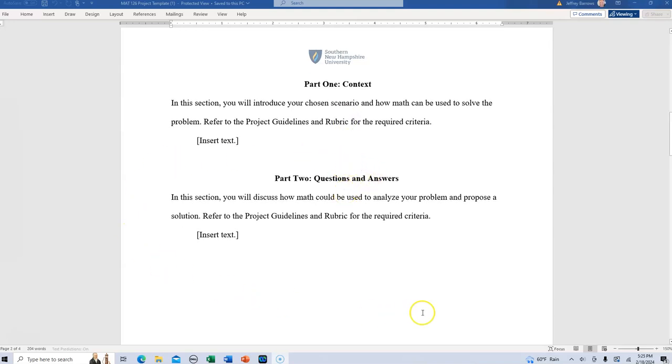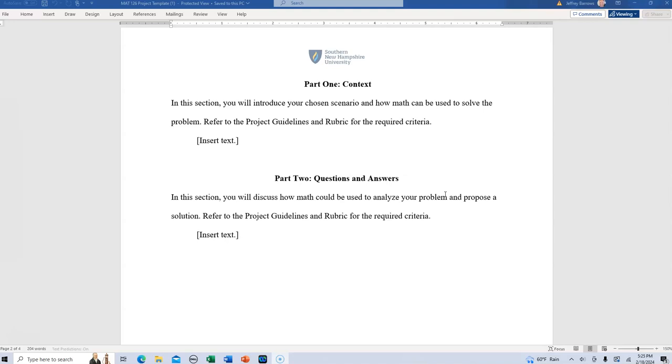So then we get down here to part two. Again, thinking back to what we've reinforced here about the scenario and the questions that you're trying to answer, I wouldn't at all be opposed to seeing you write very discrete sentences with the questions that you are trying to answer in your research here.